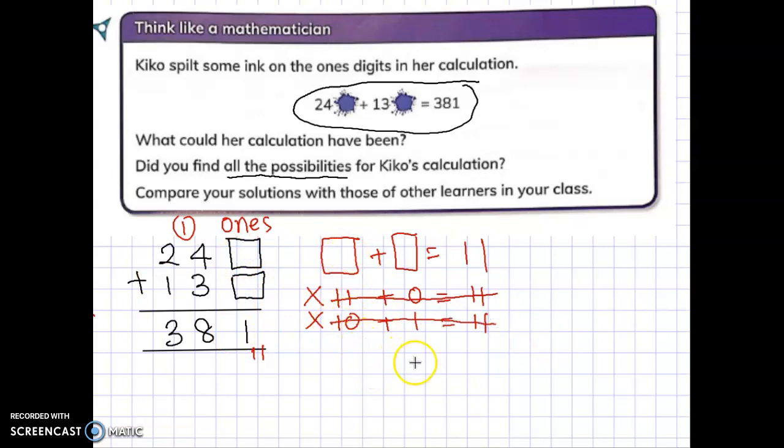Now let's look for the next possibility. 9. 9 plus 2 equals 11. So 9 plus 2, single digits, should fit the ones place. So 9 plus 2 is okay. This is good.